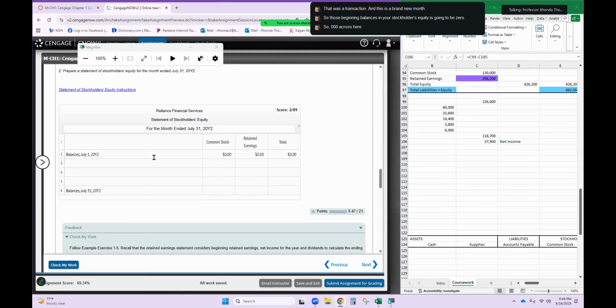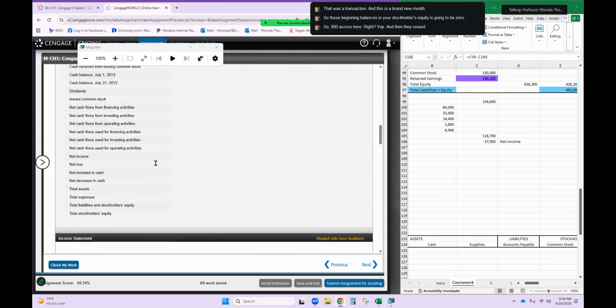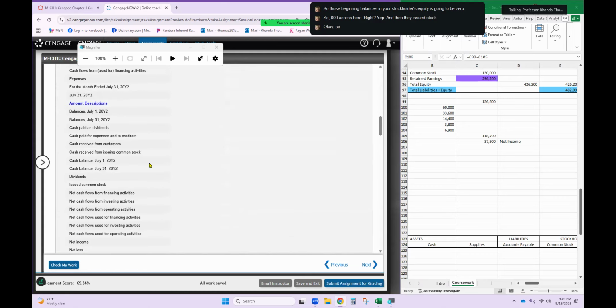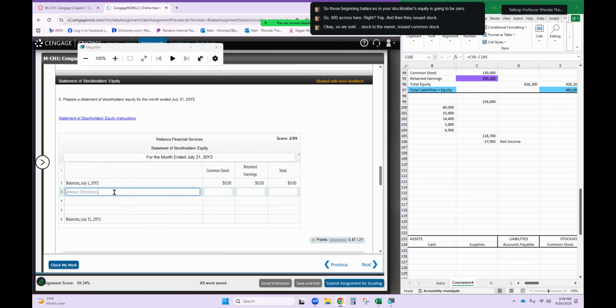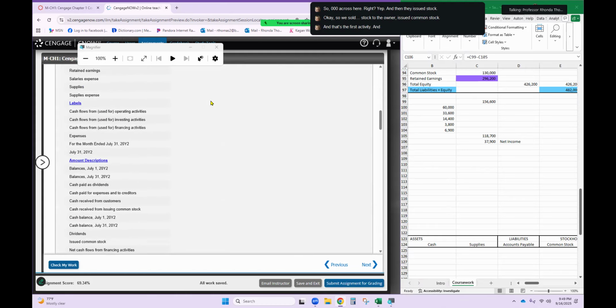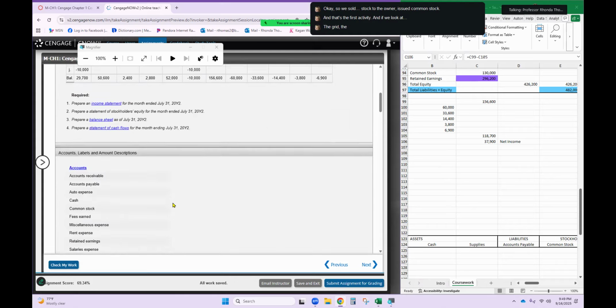Right? Yep. And then they issued stock. Okay, so we sold stock to the owner, issued common stock. And that's the first activity. And if we look at the grid, the common stock's 52,000.